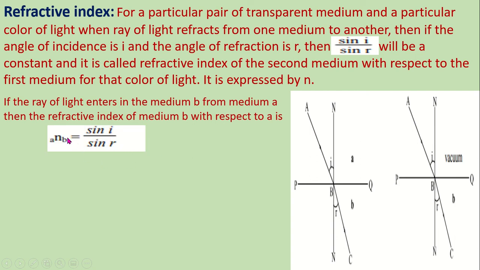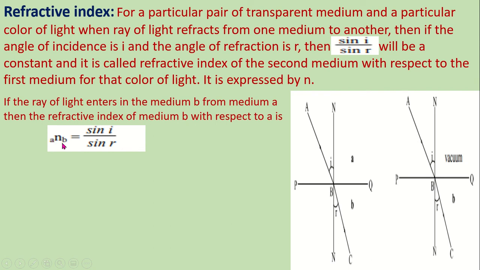Then aNb. These A and B are the indices. The index on the right side means light is entering that medium, and the index on the left side is the medium from where light is coming.